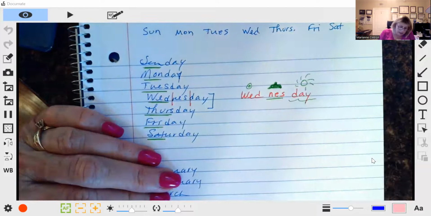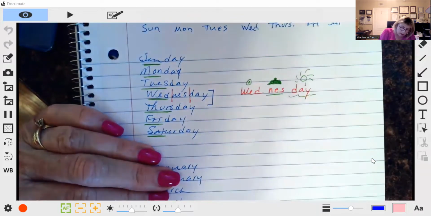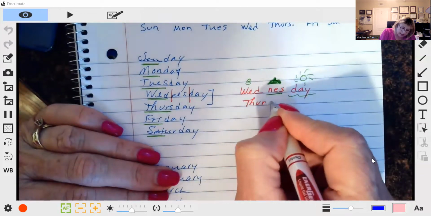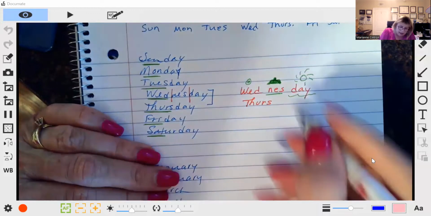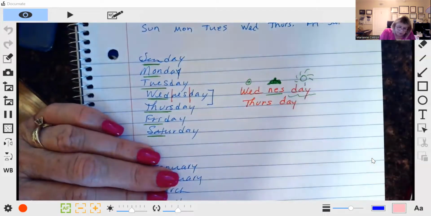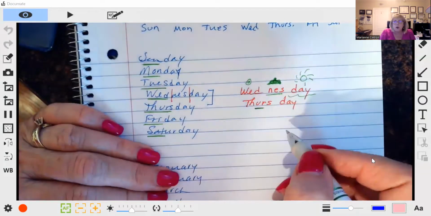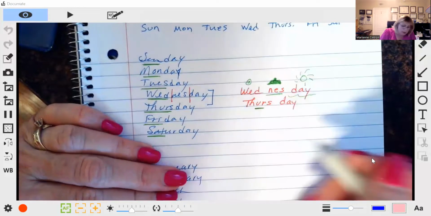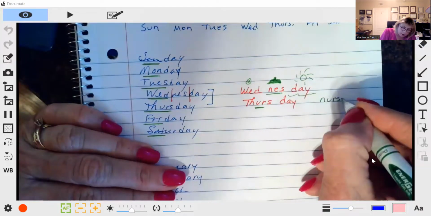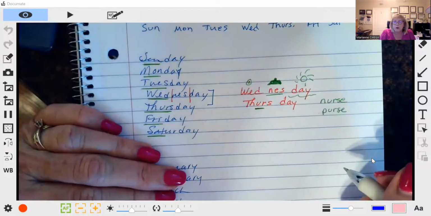Now Thursday, he didn't get correctly. THURS and then day. Thursday has a Bossy R in it, and that's why it can be difficult. UR says ER, and I pointed out other words like nurse and purse have a UR in it.